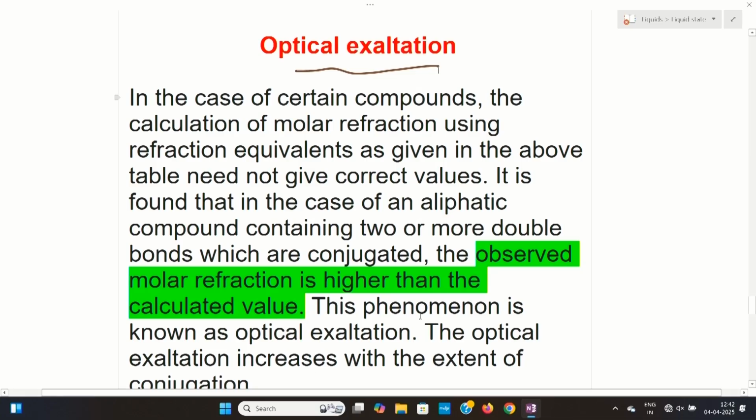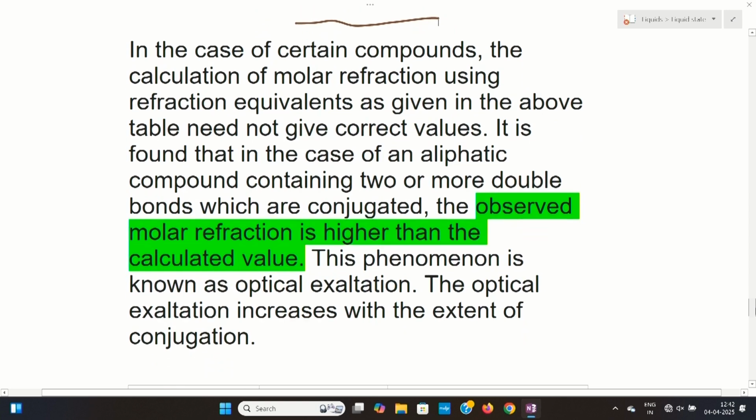That phenomenon is called optical exaltation. So, the optical exaltation property comes when the compounds are having 2 or more double bonds. That time the observed value will be higher than the calculated value of the molar refraction.